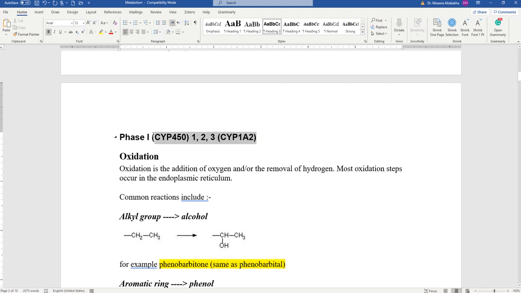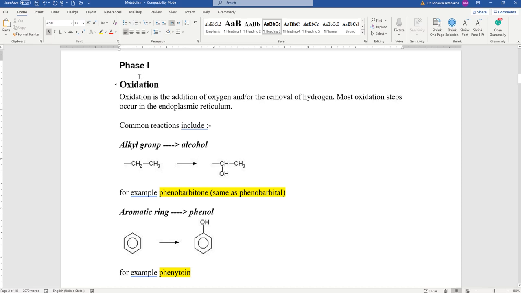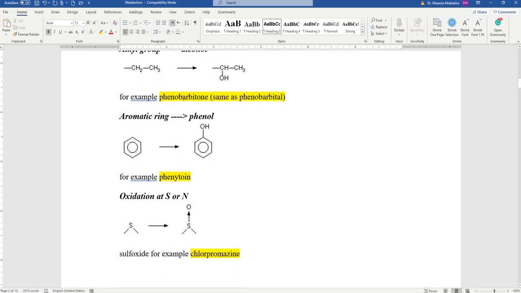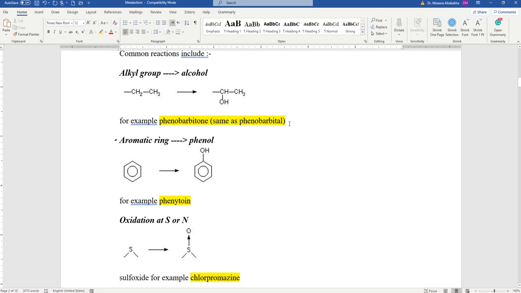Anyway, these are the main enzymes that carry out the phase 1 reaction, and we have examples. You can memorize some examples. You don't have to memorize these structures and how things are done. For example, oxidation can happen to phenobarbital. I want you to know that a drug can undergo more than one type of phase 1 reaction.